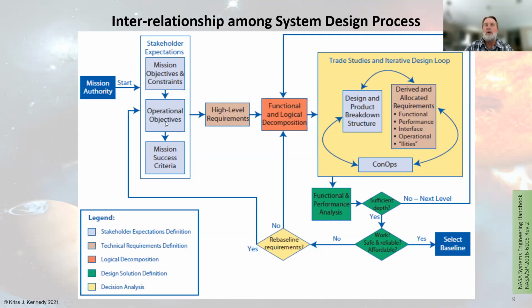Part of this will also be the vision, mission, goals, and objectives that get developed or defined in this process. You will then, from that, develop high-level requirements and then continue to develop requirements level 1, level 2, level 3, and so on.